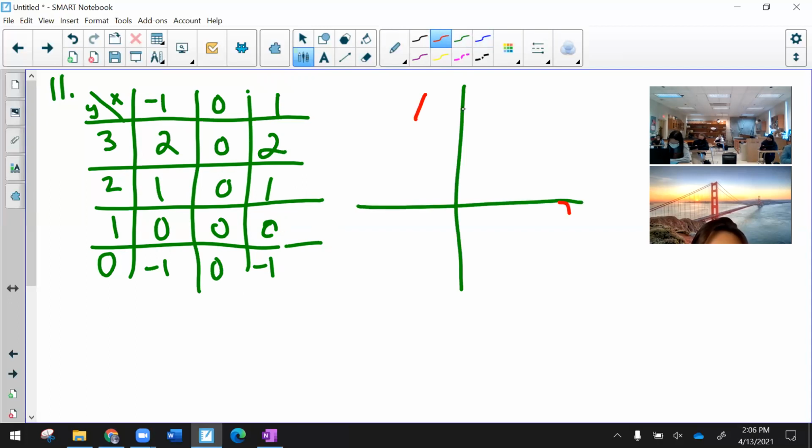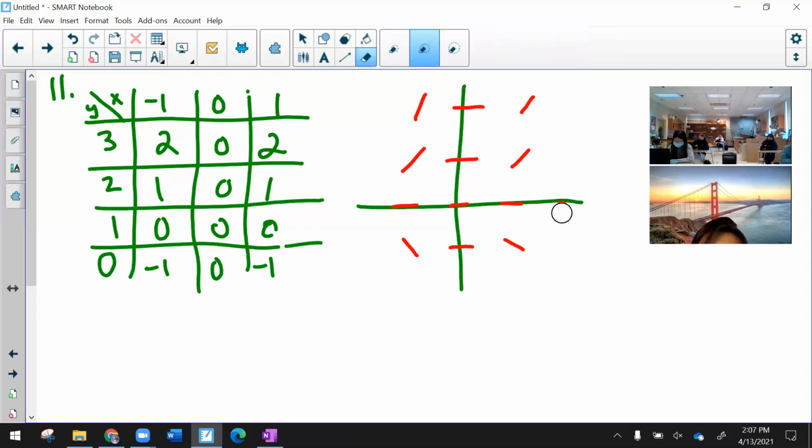So that's part A. Everybody understand where those values come from? I'm just substituting into what dy dx is.